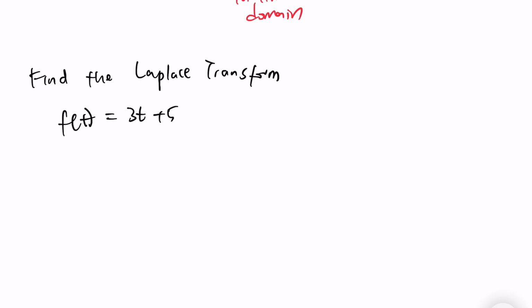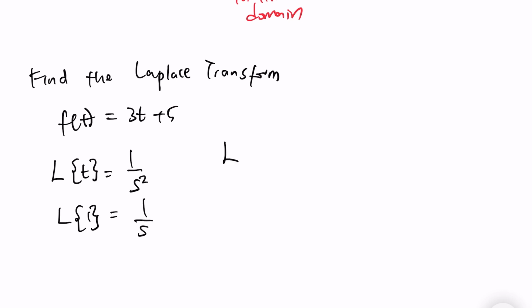And from the Laplace table, which I will show you later, or you can refer to the notes that you have, the Laplace transform of t is equal to 1 over s squared, and then the Laplace transform of 1 is equal to 1 over s.